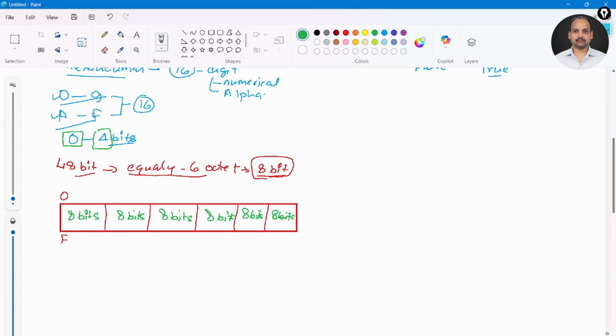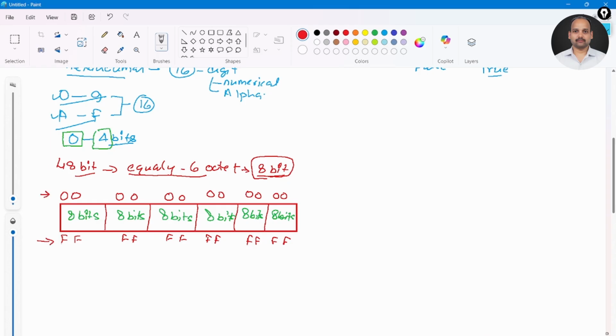So the minimum I can use is 0 0 0 0 0 0 0 0 0 0 0 0, and the maximum I can use is F F F F F F F F F F F F. This is the last MAC address, and this is the first.